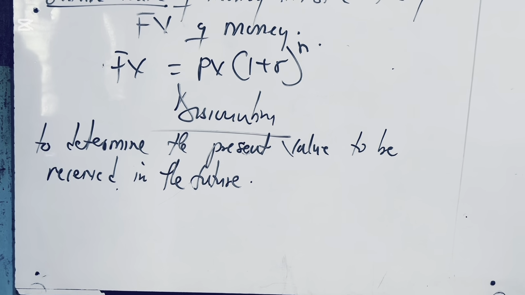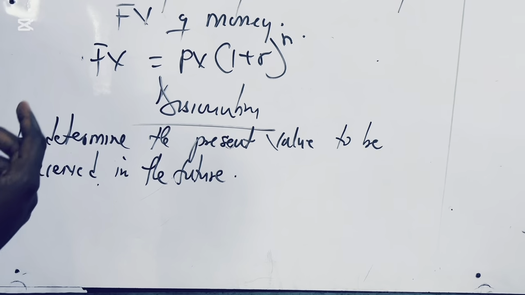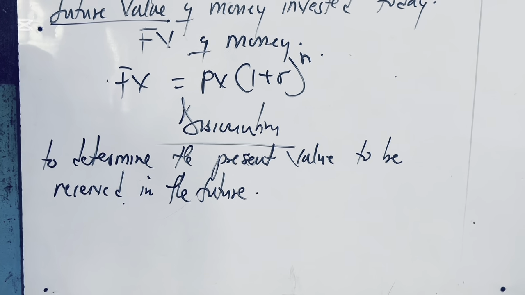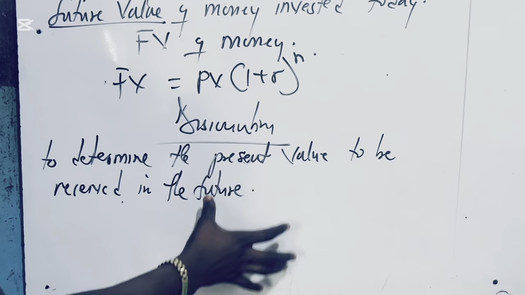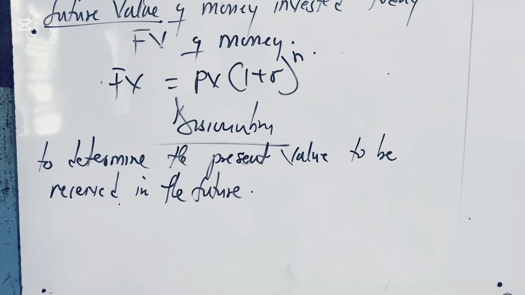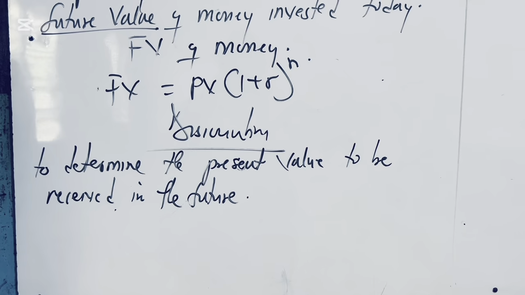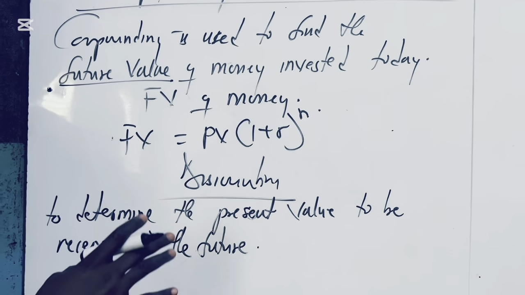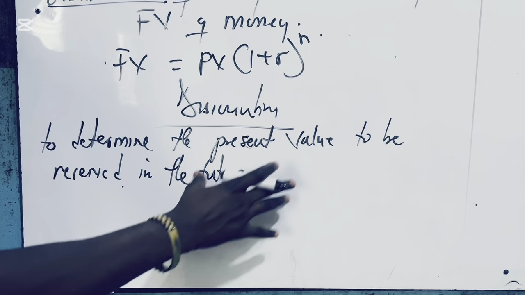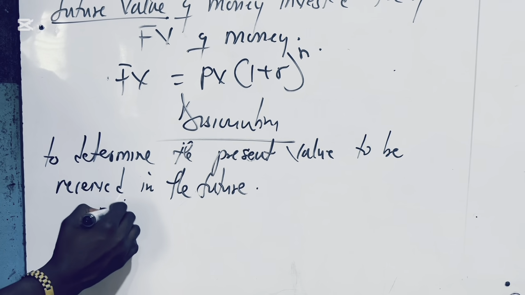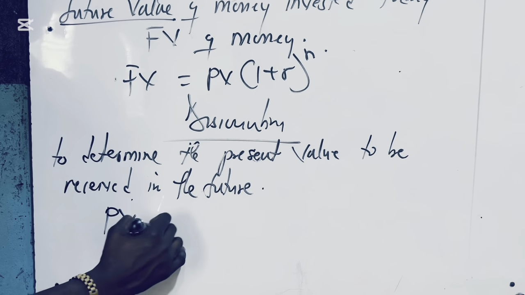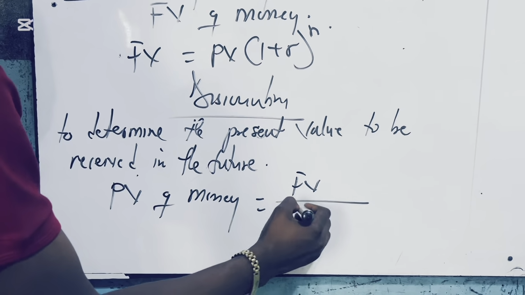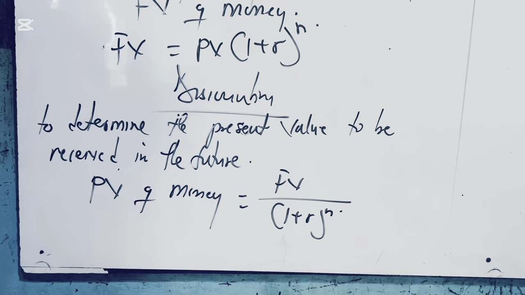So if I want to buy, let's say, a computer in the near future, and I know the future value of that computer, there is a formula we can use to determine how much I am supposed to save now to get that amount in the future. In other words, discounting is used to calculate the present value of money, which can be given as the future value over (1 plus R) to the power N.